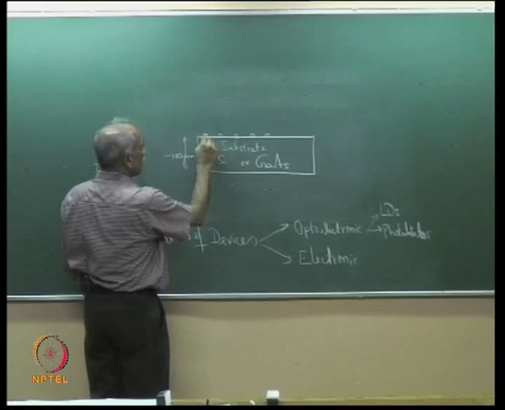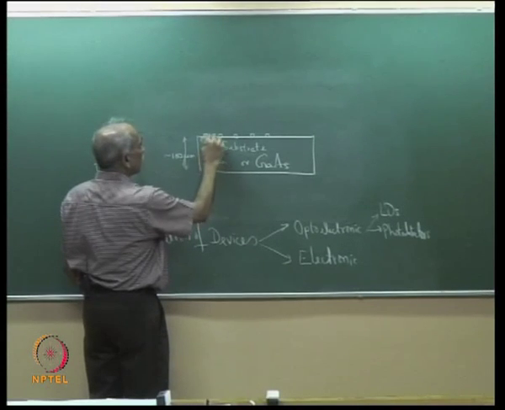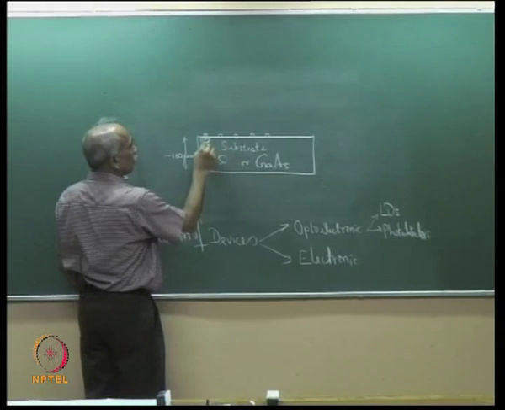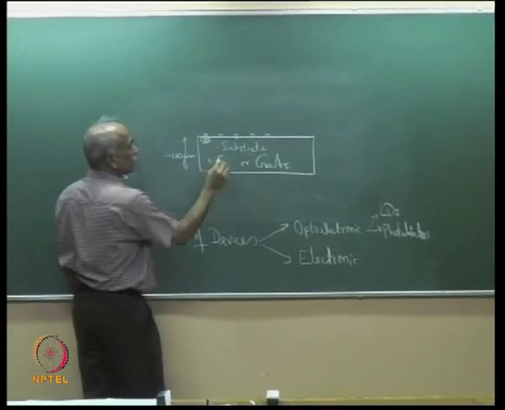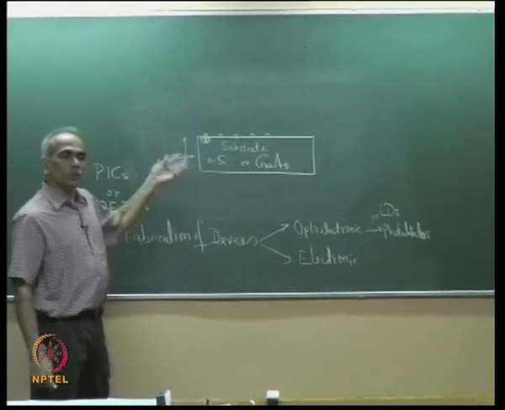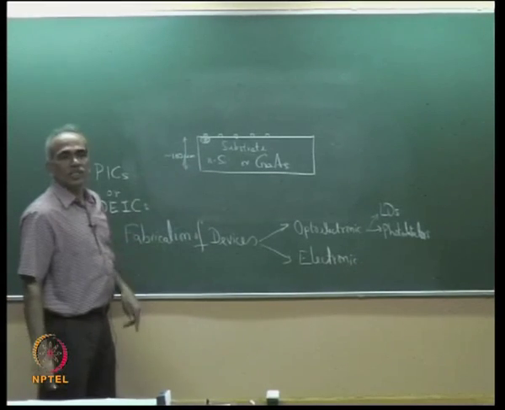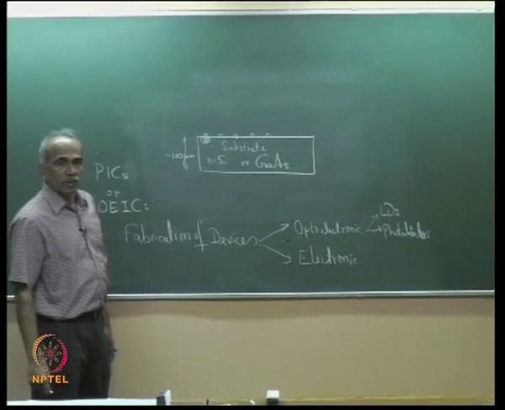So the material is diffused here, and if this is a p-type dopant, then the diffused region is p. You start with the n silicon, low doped n silicon, and the diffused region is p-type.